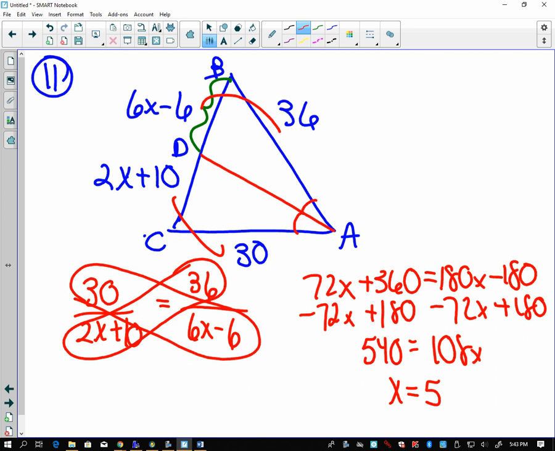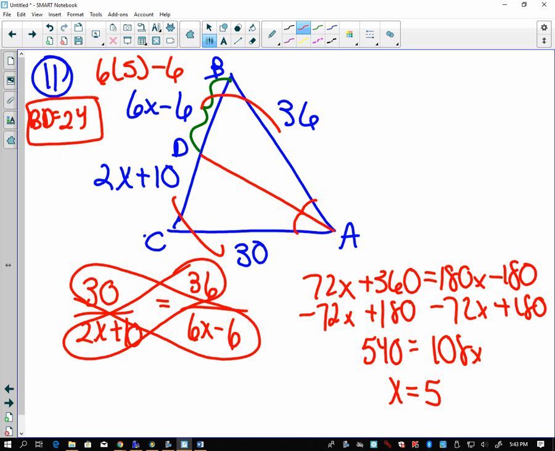I have to plug it back in. So 6 times 5 minus 6, so I'm getting 30 minus 6. So I get 24. BD equals 24.